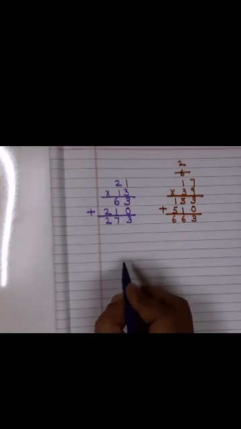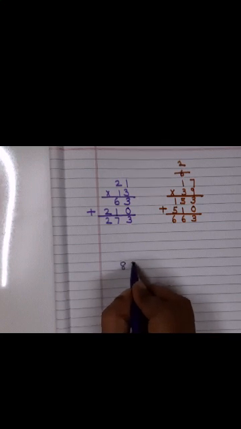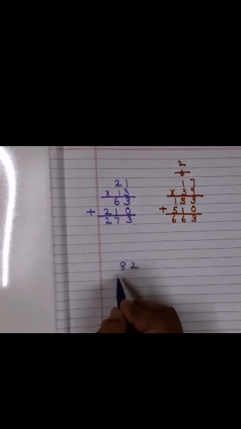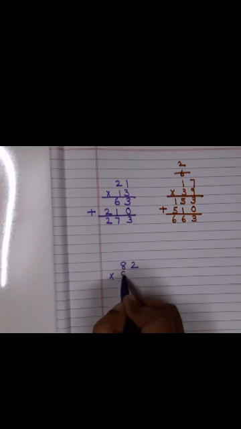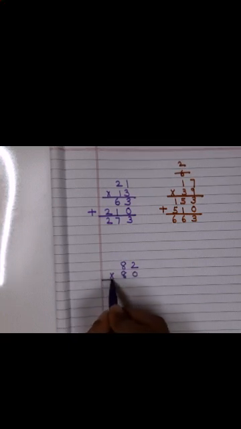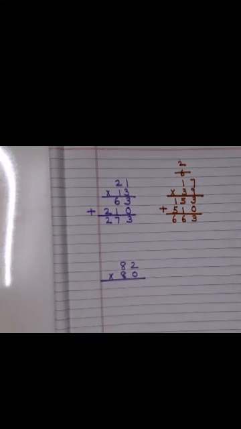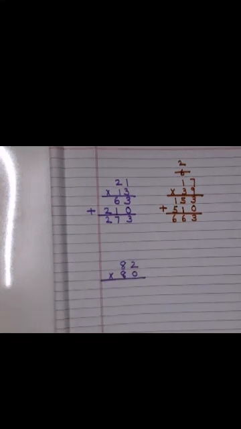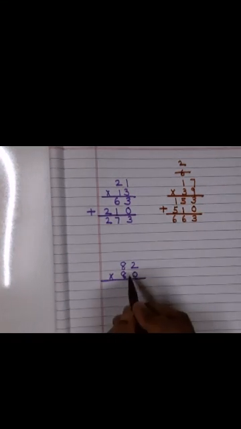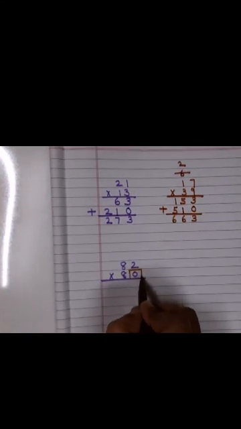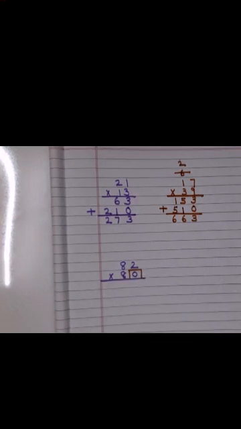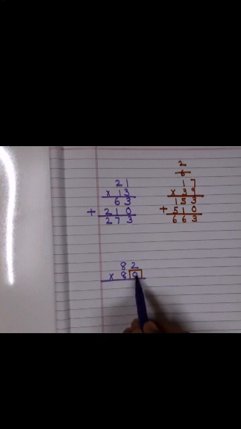Children, see this number. It's 82 and you're multiplying it by 80. Now, children, when you have this sum, what you do is you just box this 0. You just put a box around it. Okay? So you leave this place and you multiply it by this.